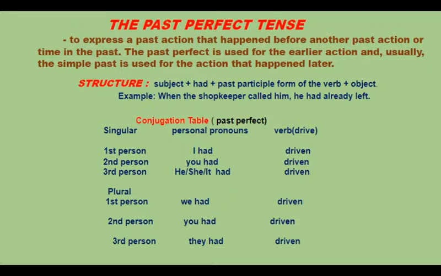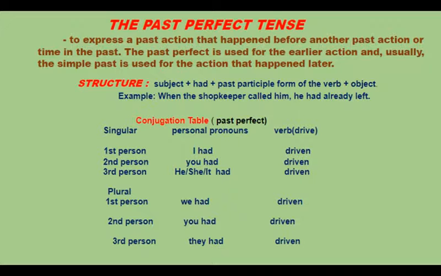It is used to express a past action that happened before another past action or time in the past. The past perfect is used for the earlier action, and usually the simple past is used for the action that happened later. So, for the earlier action, we use past perfect, and for the actions that happen later, we use simple past.